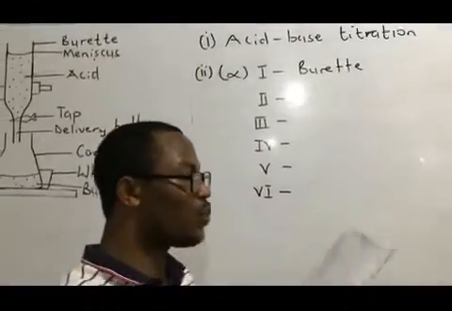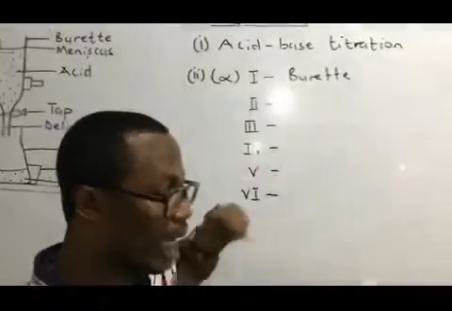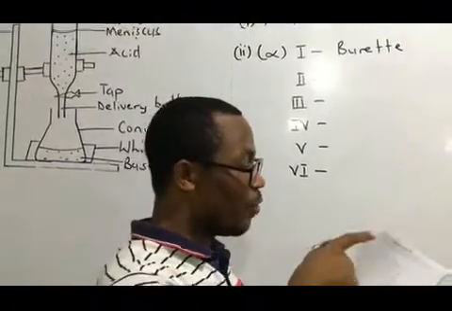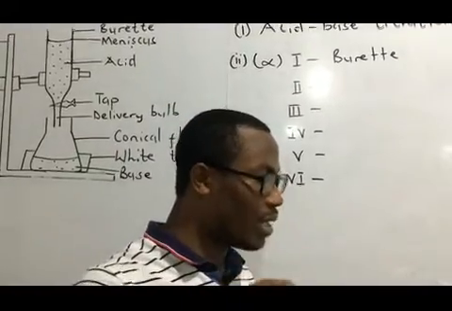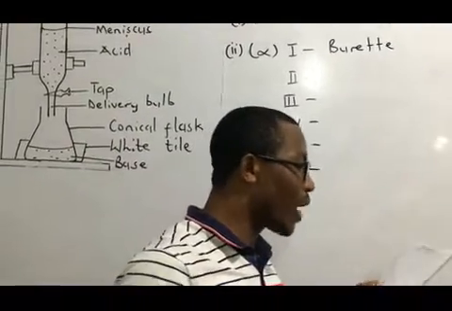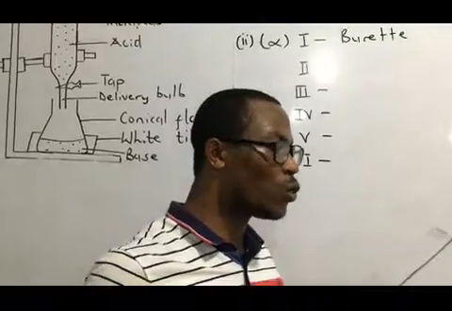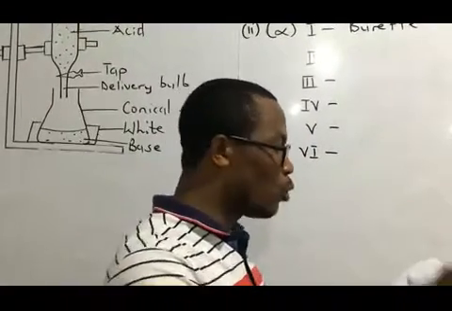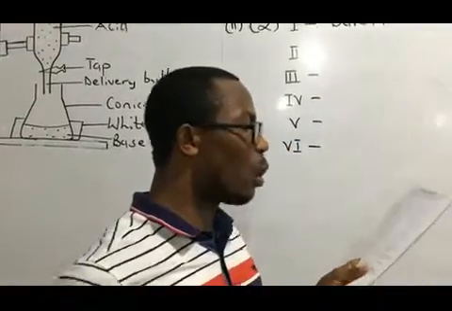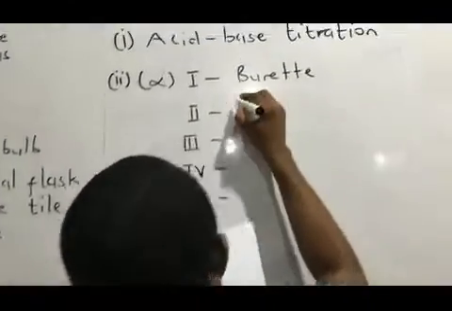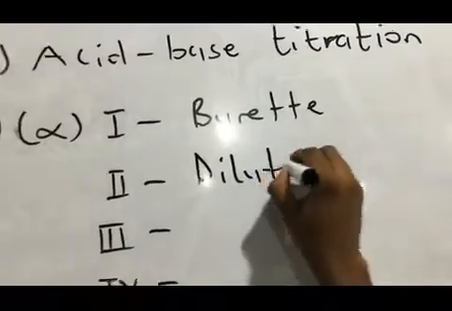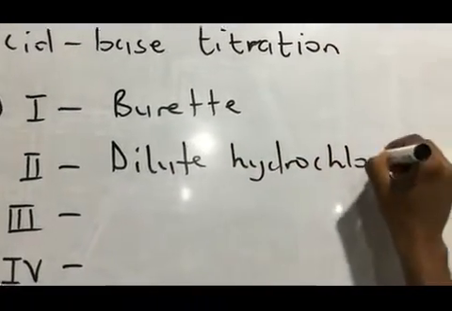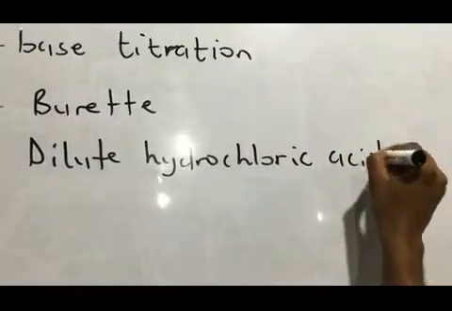Now the II is pointing to the solution in the burette, and I told you usually the burette contains the acid. If you look at the information from the preamble, it says dilute hydrochloric acid and sodium hydroxide solutions were used in the experiment. So the burette contains the acid, and from the two solutions given, dilute hydrochloric acid is the acid. So the II is dilute hydrochloric acid.